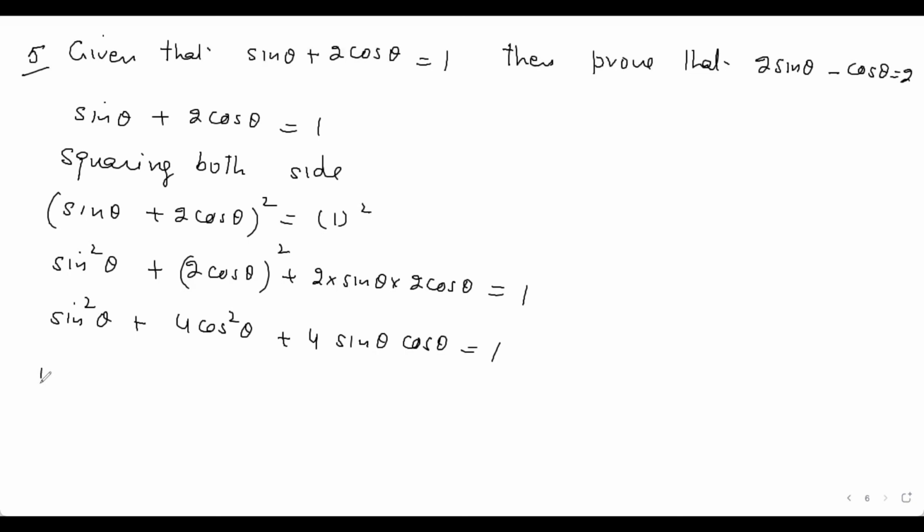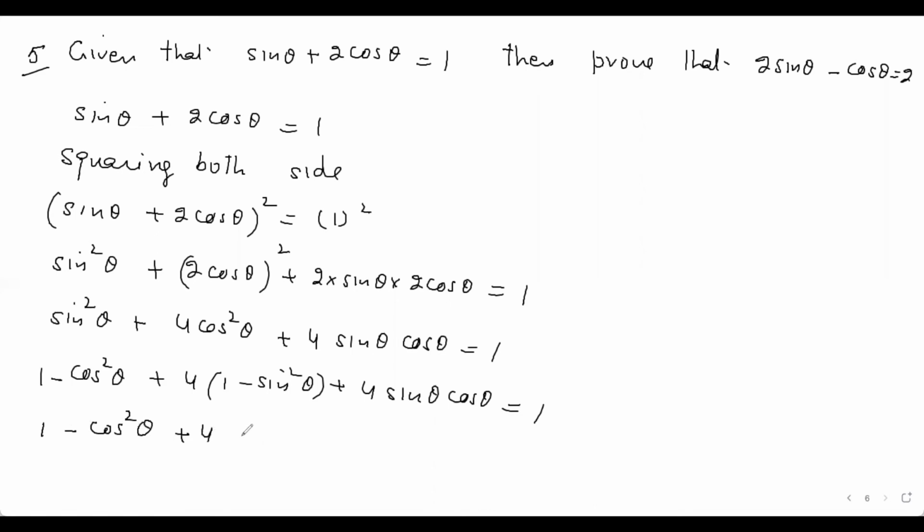Now write 1 minus cos square theta instead of sine square theta, and instead of cos square theta, write 1 minus sine square theta, plus 4 sine theta cos theta is equal to 1. Now I'll have 1 minus cos square theta plus 4 minus 4 sine square theta plus 4 sine theta cos theta minus 1 equal to 0.